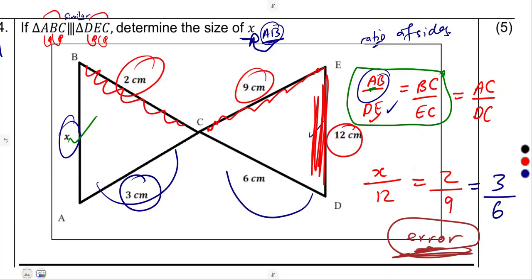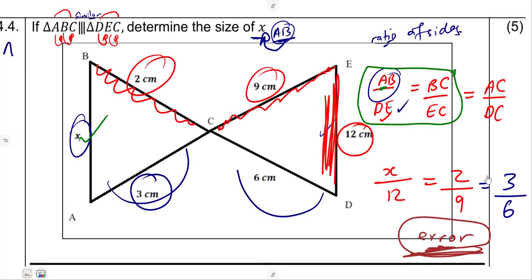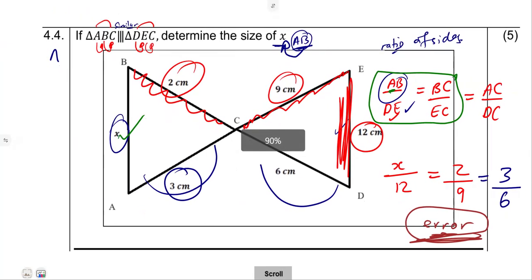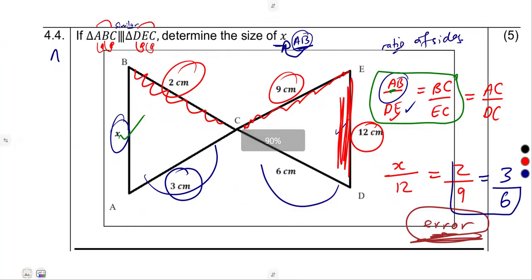So you can leave it like this, or you can use one of these ratios. You can write an error, then you take one of the ratios that you're given. So for our understanding of mathematics, guys, we can say this one cannot be simplified because these two ratios cannot be different. Remember your proportion.